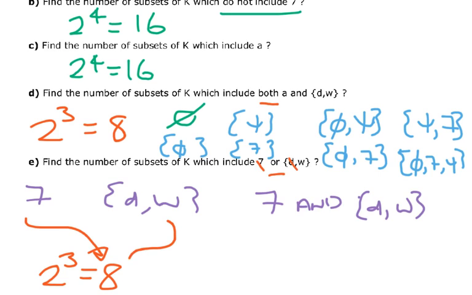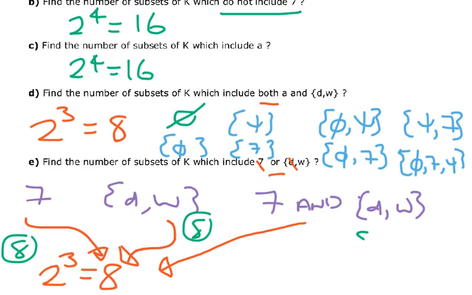We could then add separately DW to those 8 original subsets to make another 8 unique subsets. And then we could add at the same time 7 and DW to those 8 subsets. So what that means is that the 3 cases give us 8 plus 8 plus 8, 24 subsets that contain 7, DW, or 7 and DW.